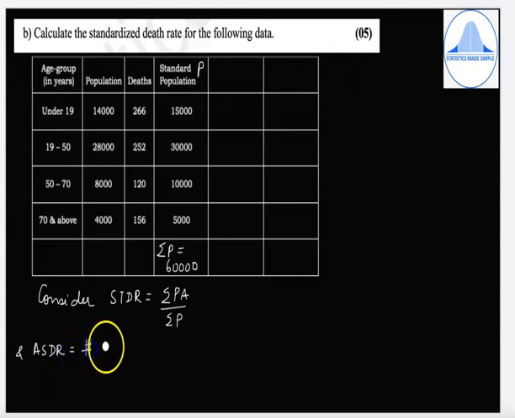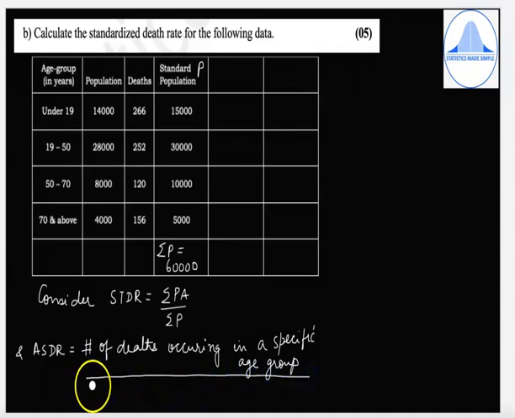It is number of deaths occurring in a specific age group divided by average population in the specific age group in 2000.